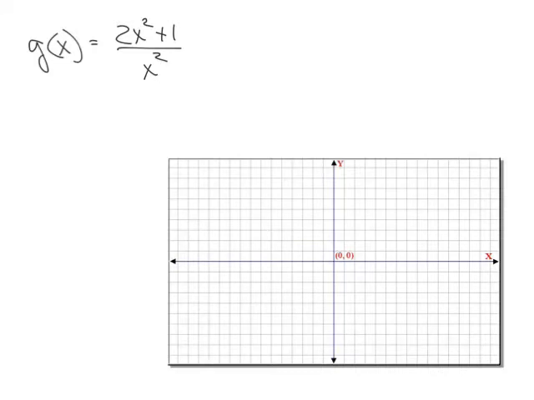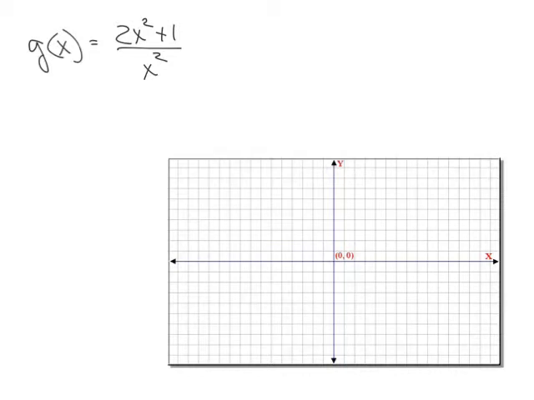Okay, bottom of page 308, graphing these guys. What we're going to do first is look and see what our vertical and horizontal asymptotes are. That'll give us a good idea as far as our graph is concerned. The first thing we look at is our vertical asymptote, our up and down. We get that by looking at the denominator and deciding what is going to make this 0, what's going to make this undefined. In order for this to be 0, we have to plug a 0 in for the x. So whatever made that bottom 0 will be our vertical asymptote.